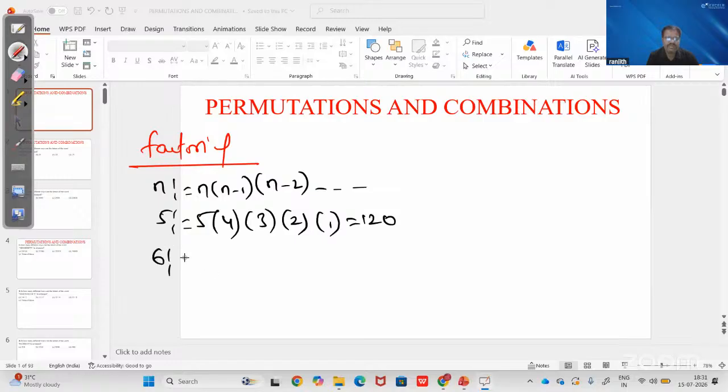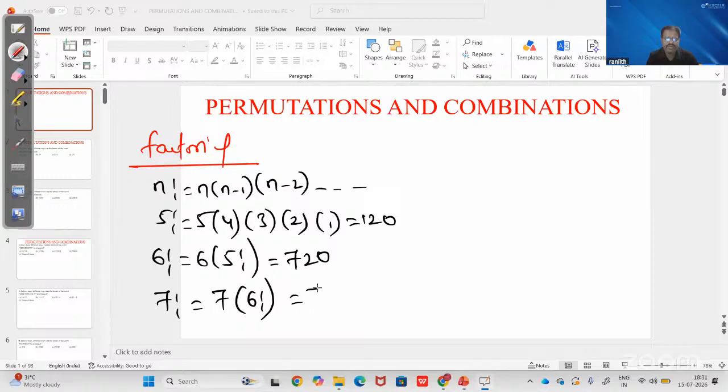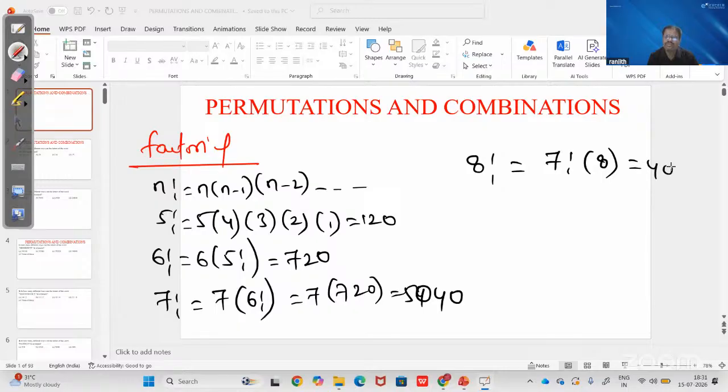Whereas 6 factorial equals 6 into 5 factorial, 6 into 120, equal to 720. 7 factorial equals 7 into 720, which is 5040. 8 factorial is 7 factorial into 8, equal to 40320. 9 factorial will be equal to 362880.